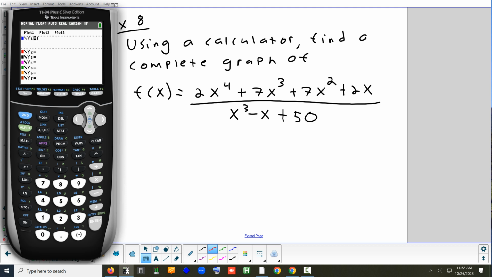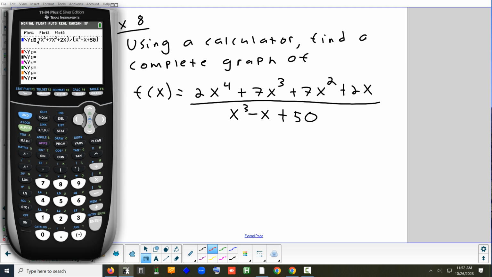All right, so let's put it in and see what happens. 7x cubed is x squared plus 2x divided by. You do want to put your parentheses around the numerator and denominator. Okay, so a little bit more complicated than I would have you graph by hand, which is why I'm not having you graph it by hand.